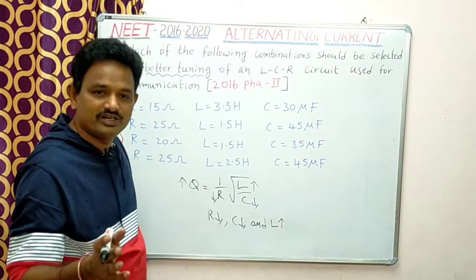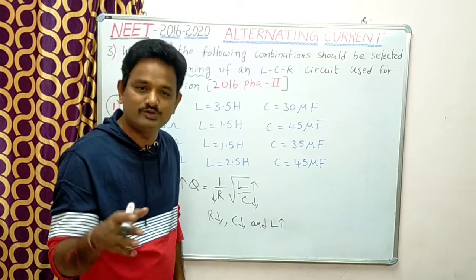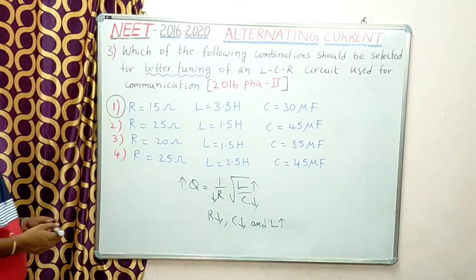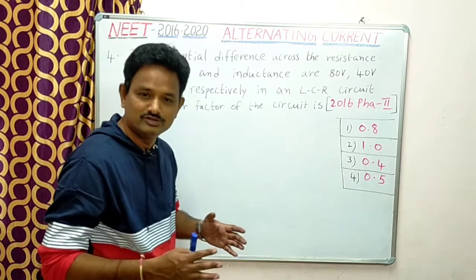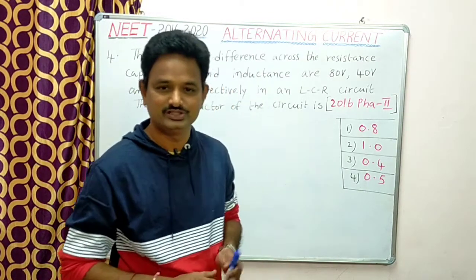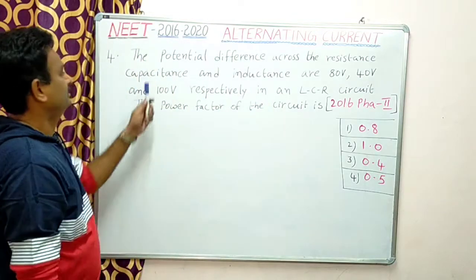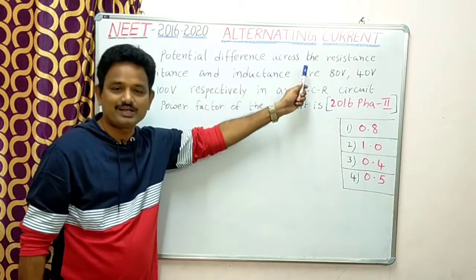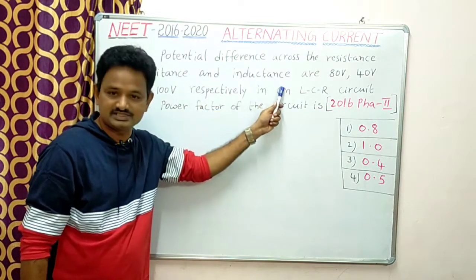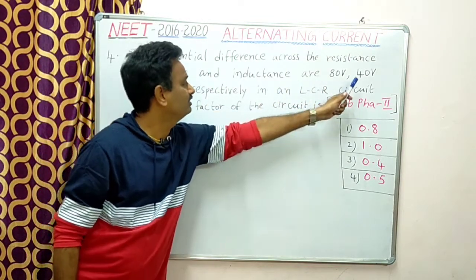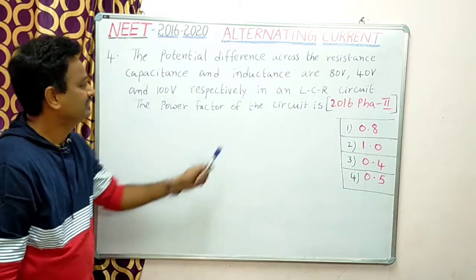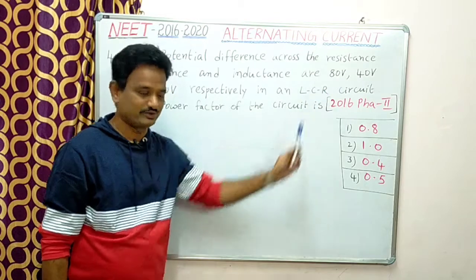Next we will go for second MCQ in 2016 phase 2. Look at here. The potential difference across the resistance, capacitance and inductance are 80 volt, 40 volt and 100 volt respectively in an LCR circuit.